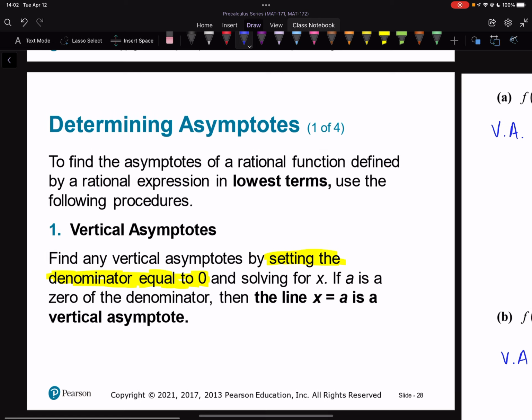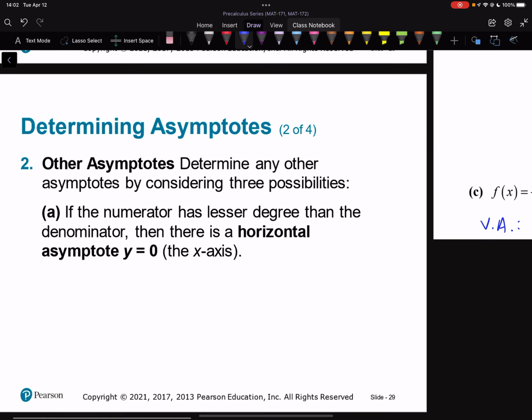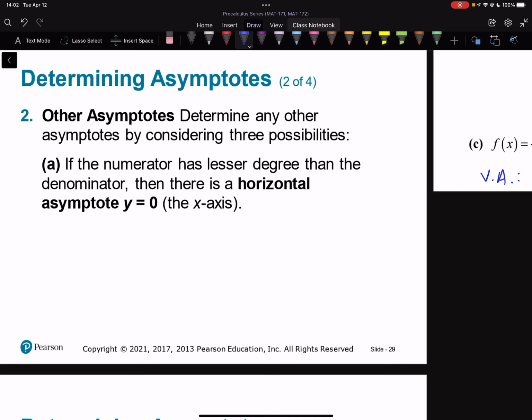Now let's talk about the non-vertical asymptotes. I call them non-vertical asymptotes specifically, despite two of them being horizontal and one of them being oblique, or slanted. We can just think about them as non-vertical, and it will cover classifying all of them.